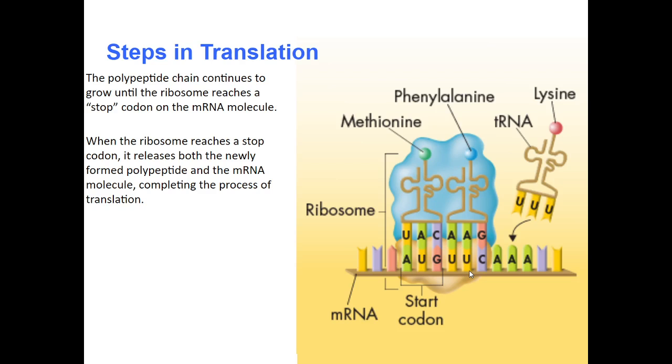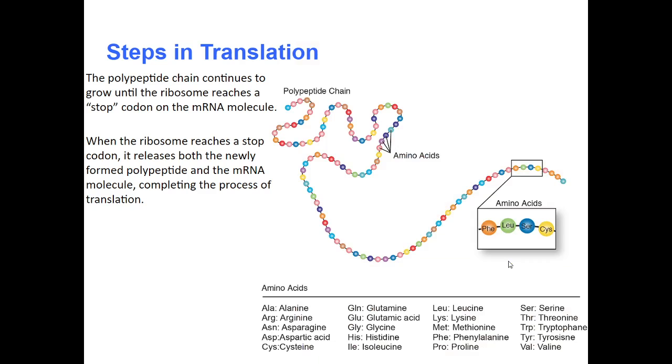And I say can't, it can, but it normally doesn't screw it up because it's just reading what's on the mRNA, which was a copy of the DNA, and it turns it into this chain of amino acids, and it makes this exact chain. And the difference between proteins is just that these amino acids are in a different order, and they're longer. You know, some polypeptide chains are long, some are short.